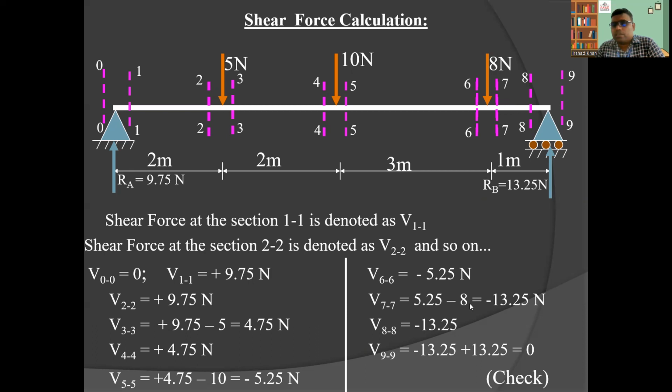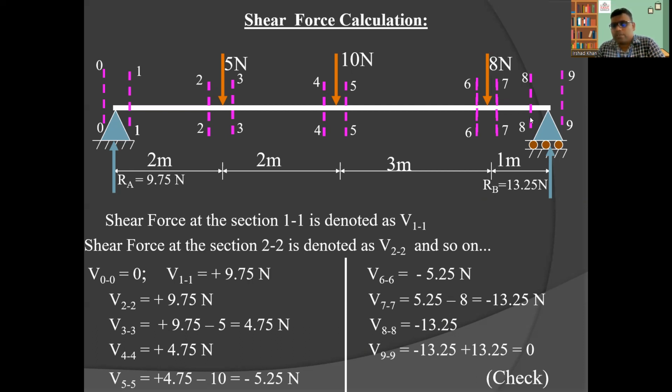So 8 Newton comes with the minus sign because its location is on the left side, acting from up to down in the case of shear force. So you can see this should be a minus sign. So 5.25 and 8 become 13.25 Newton.